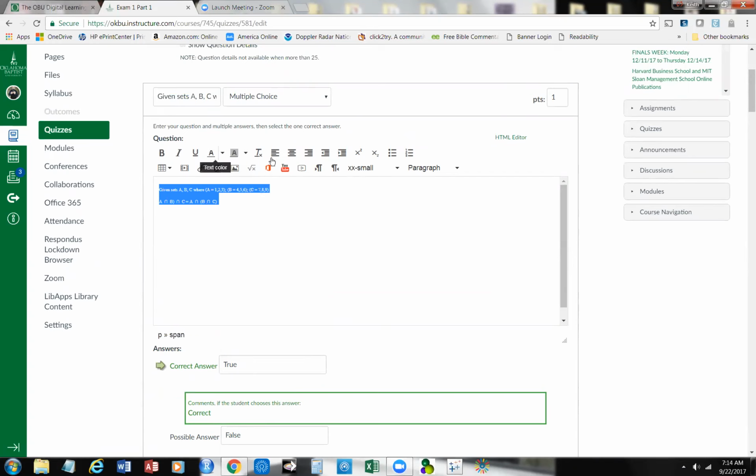Okay. And I'm going to come up here and increase, if I can, the font. Back up here to the size that we want it to be.